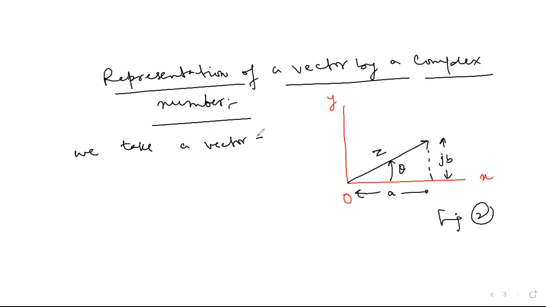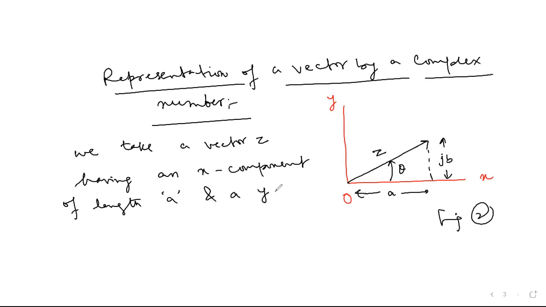vector z having an x component of length a and a y component of length b, right?